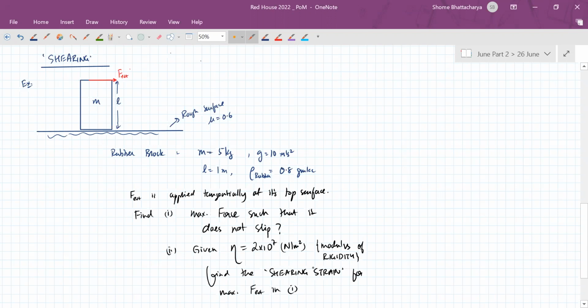So notice there's one piece of data missing over here, which is the cross-sectional area, but the density of rubber is given to you, so you can make use of that. Okay, I'll scroll back up. We'll come back to this question.